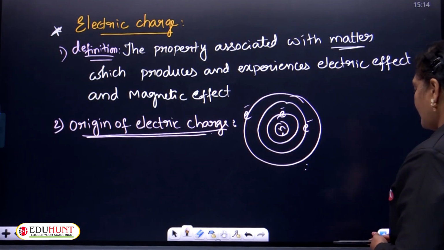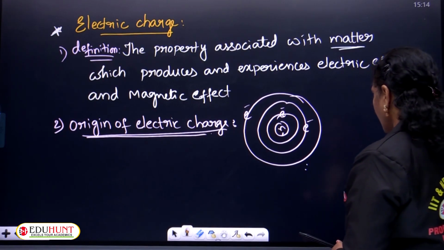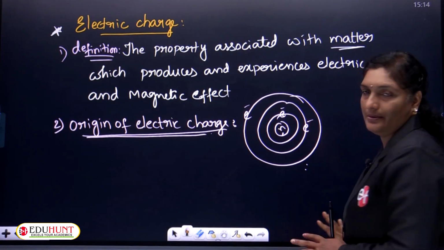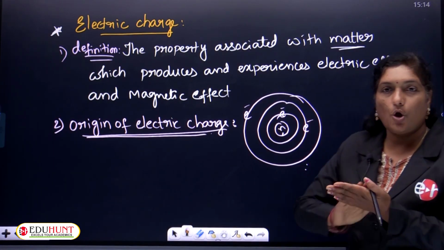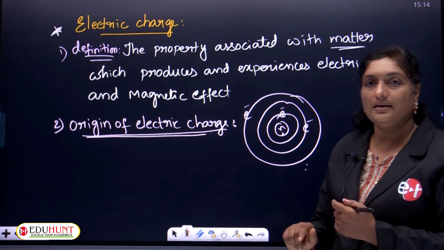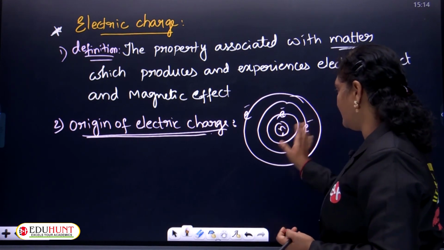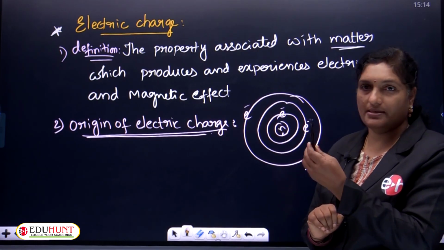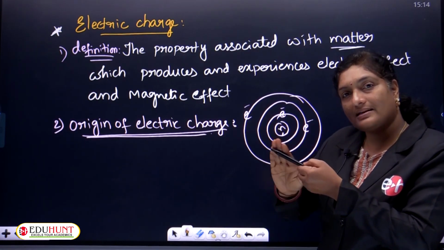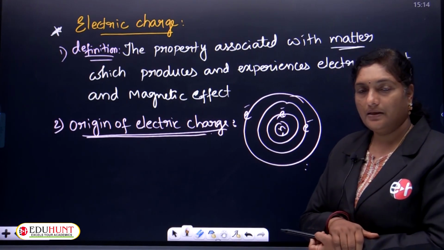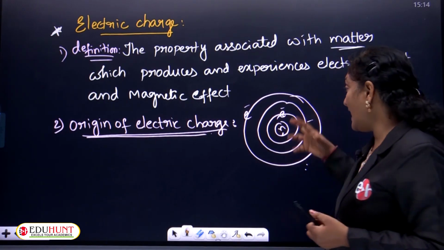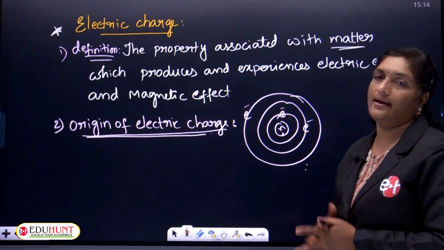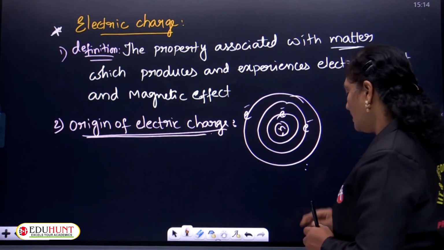So then what happens? Whenever this is being disturbed, while rubbing with a cloth or a wood or a silk or fur or anything, whenever you consider any object, a number of atoms are present. So whenever these atoms are disturbed, then what happens? The free electrons have a tendency to move from one place to another place. Okay.